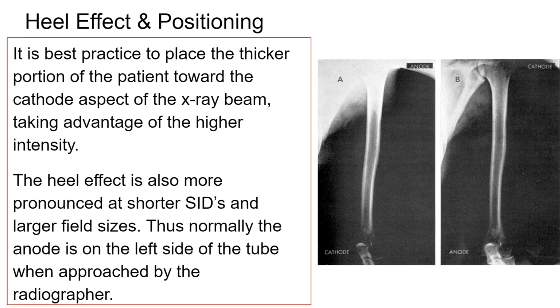So what you have here is, if you look here, this area of the elbow is much darker than the one on the right. And that's because it's towards the cathode side and you have more intensity. So you're exposing more than you need to, right?